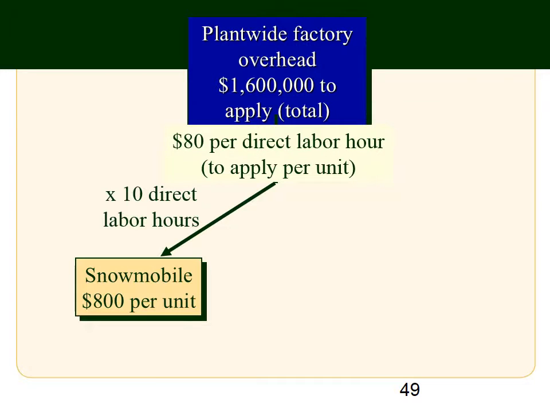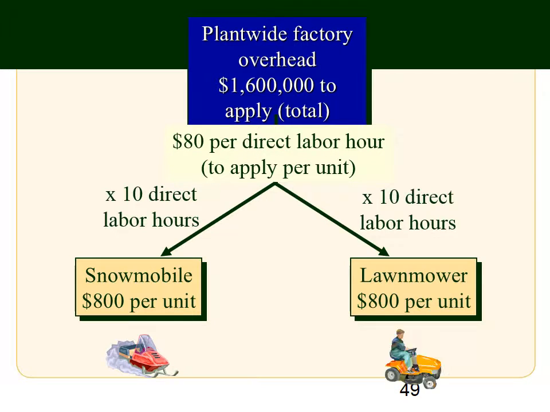So here we have it. We're going to look at how the $80 per direct labor hour is applied to the snowmobile and to the lawnmower. Because we use one factory-wide, as they call it, predetermined overhead rate, what we see here is that the snowmobile has $800 applied to its cost for the job, and the lawnmower has $800 per unit applied to its cost, because each one is $80 per direct labor hour, and it's 10 direct labor hours for each of these units.